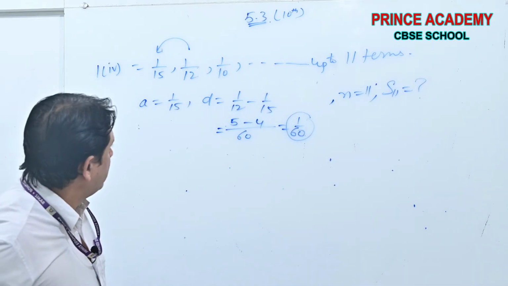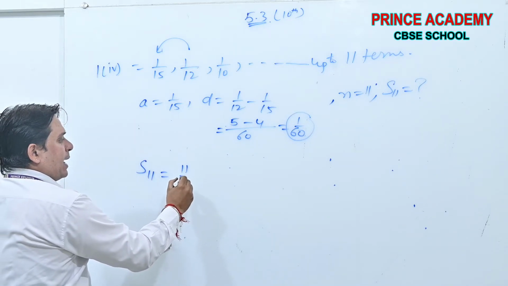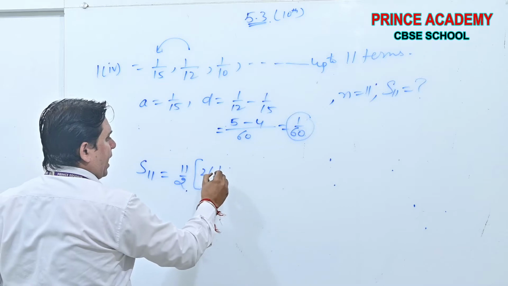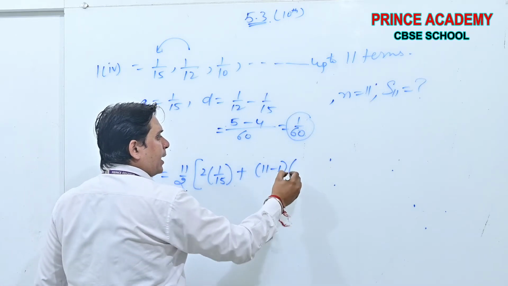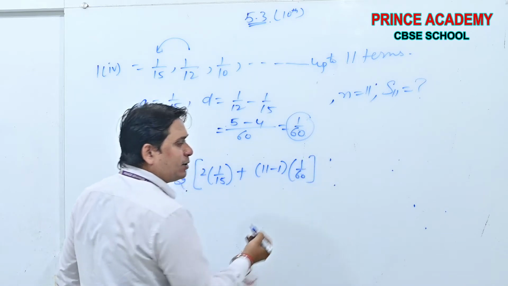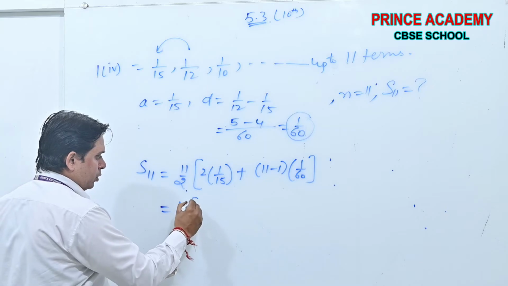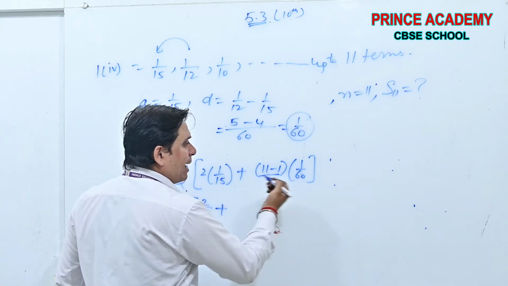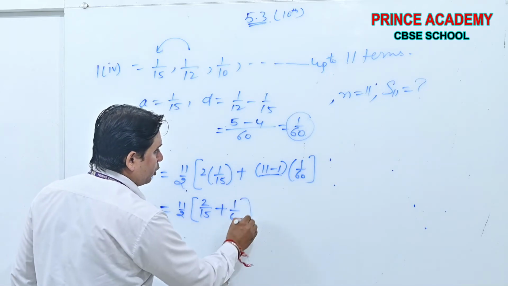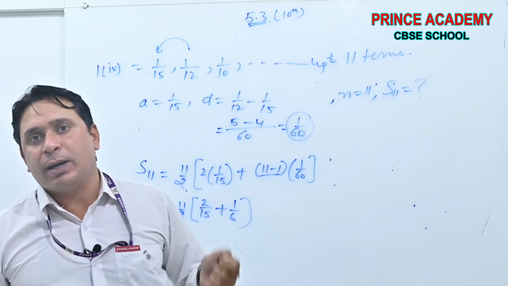Okay, beta. Now see. S11 is N by 2 into 2A plus N minus 1 into D. Done. Now see, 11 by 2 into 2 by 15 plus 10 by 60. 11 minus 1 is 10, and 10 by 60 is 1 by 6.